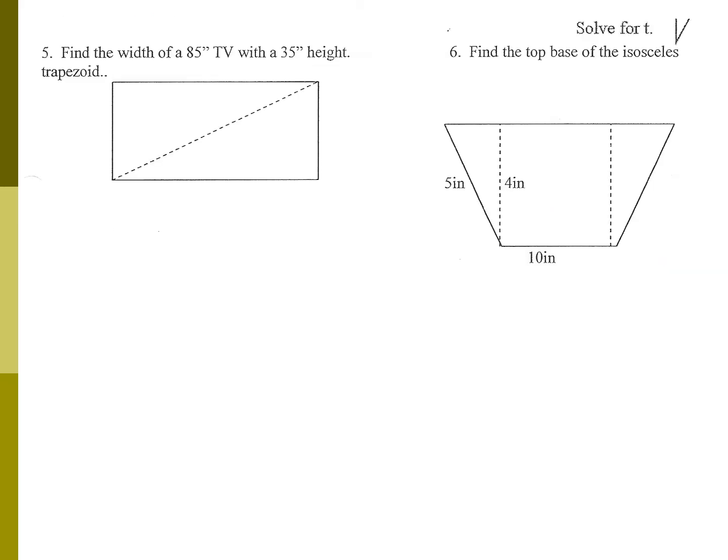Alright, and so you got one like number 5, and I always put that on there because let's say we're going to Walmart and we want to buy a TV, and it says it's an 85-inch TV on the big sign. What does that mean?